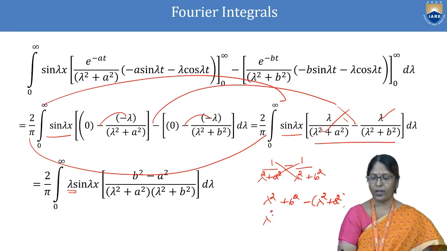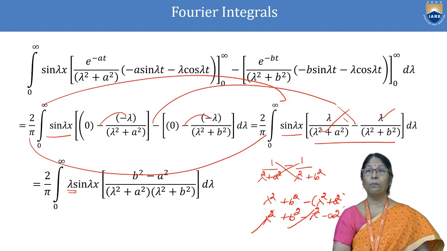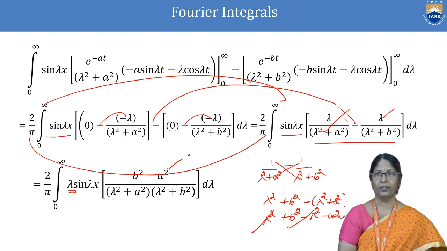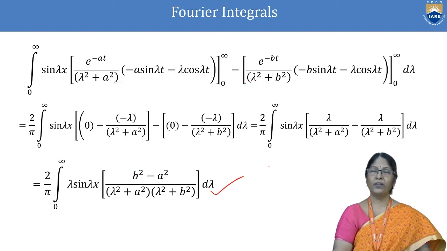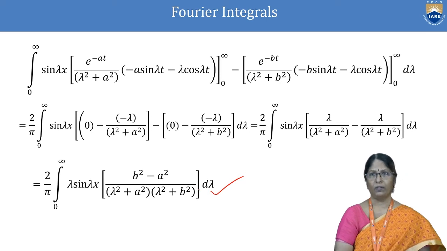So lambda square plus b square minus lambda square minus a square. Lambda square gets cancelled. The balance is b square minus a square, which is kept here. So we completed the first problem. What we have to prove, we proved the right hand side.